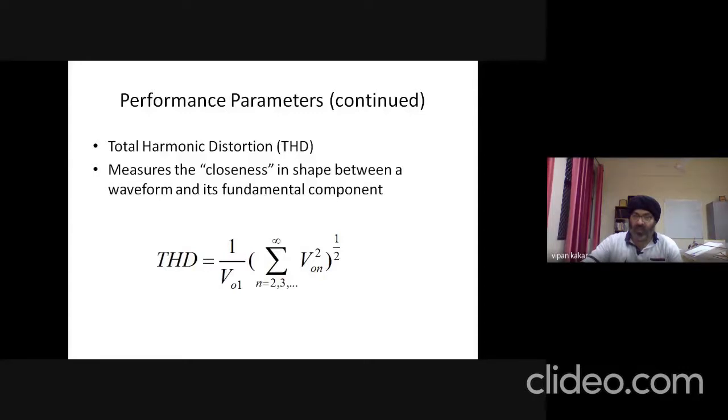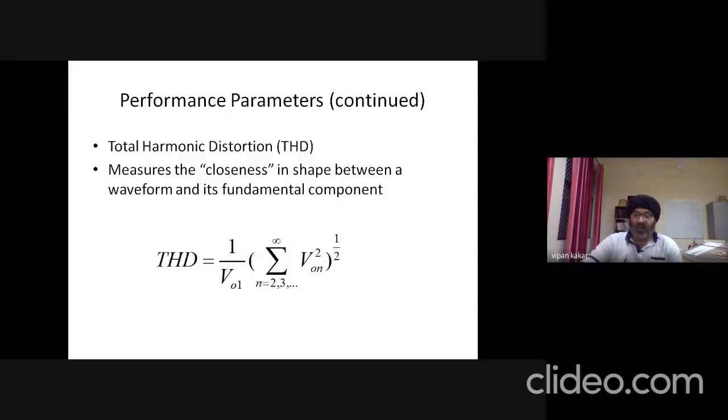Square it, take the square root, and divide by the fundamental, plus the third harmonic: square of the value of the third harmonic, plus the square of the fourth harmonic, plus the square of the fifth harmonic, and so on, and then dividing by the fundamental will give us the total harmonic distortion.